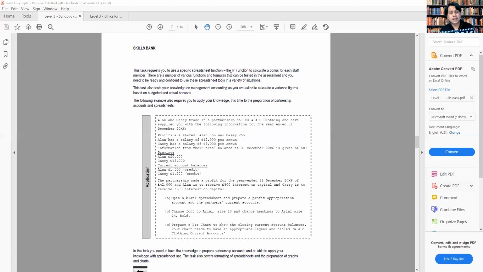The next thing is the formulas. For example, for some reason you forget one formula in the exam and you don't know what it is, or for some reason the IF function is not working and you don't know what you need to do, or there is a formula in the exam and you have no idea what it is. So what will be the best option for you?